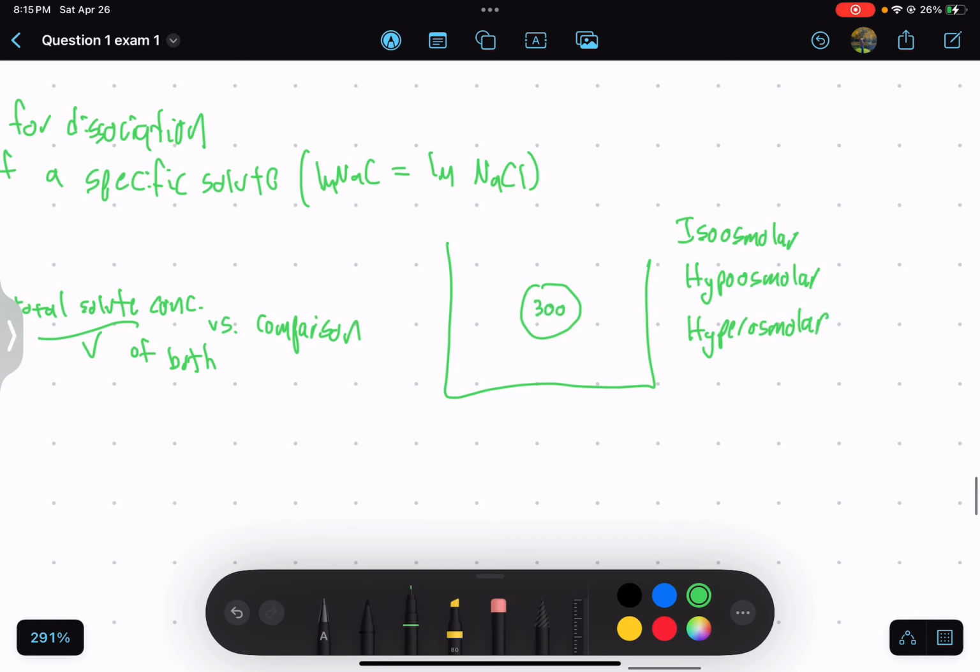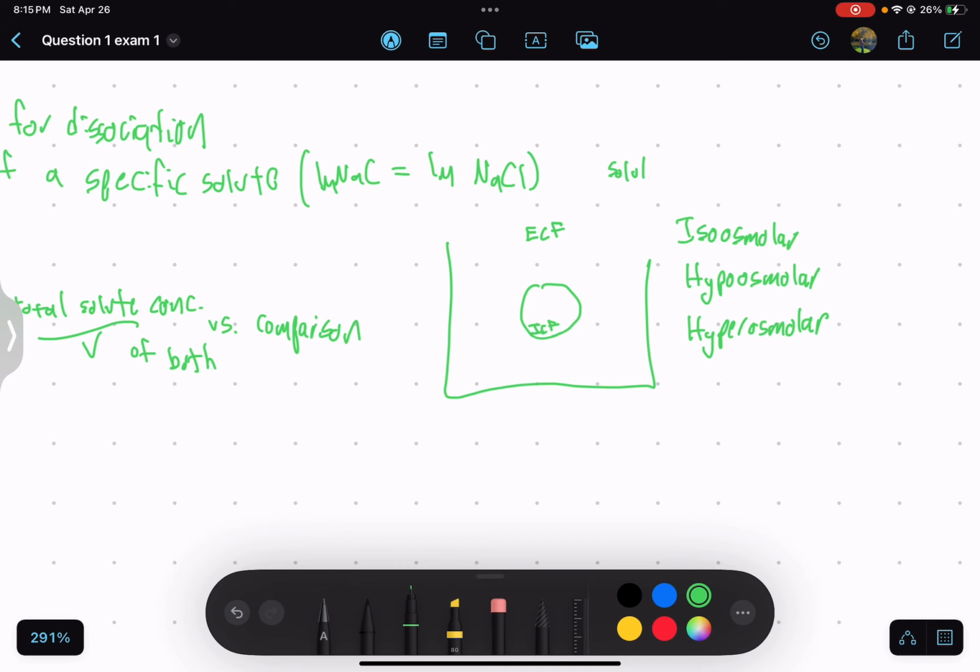Isoosmolar is whenever the inside of the ICF and the ECF are equal to each other. The hypoosmolar is whenever you're comparing the solution.